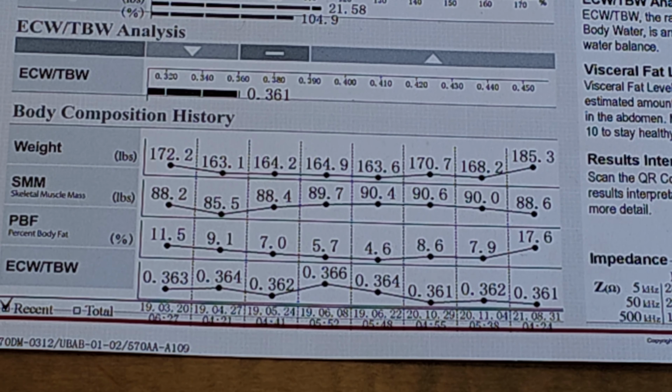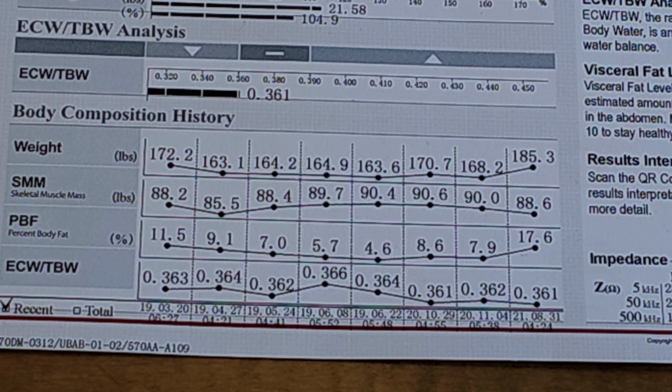There's also an app for the InBody. So if you set up your account on it and configure the app, it will keep all of your history going back as many years as you keep the test. But the paper printouts are only going to show 12 tests. So in this particular test, this covers a little over 2 years' worth of information.